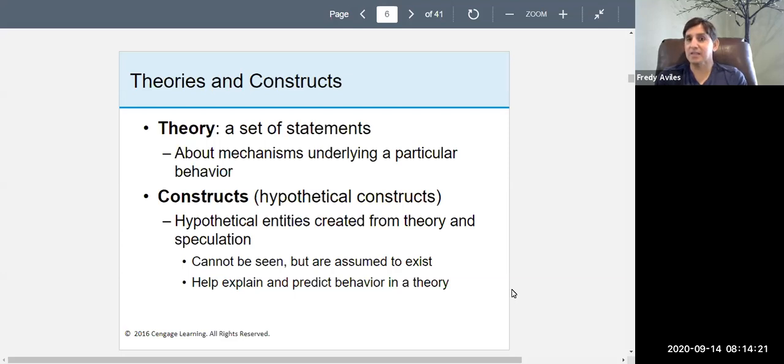We think they exist, but we kind of had to construct them or create them. We've had to give them a name. And then what's harder is we have to think of a way to measure them, okay? But these things help explain or predict our behavior in theory, right? Theory talks about these things, and it tells us a little bit about what these things are, and perhaps how to measure them, which is the next step, right?